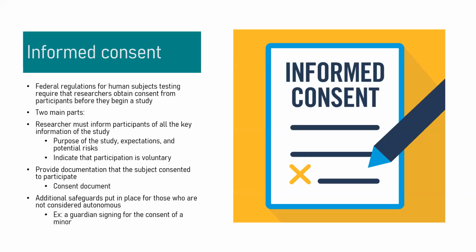Additionally, this consent form should provide a statement indicating that the study is voluntary and that participants can withdraw at any time without any penalty. And the contact information of the head researcher should be included if participants later down the line have any questions.